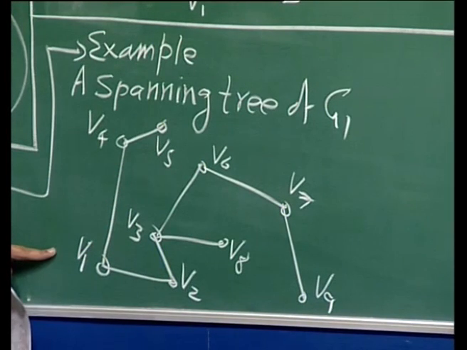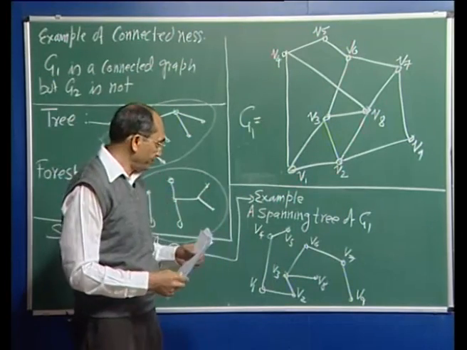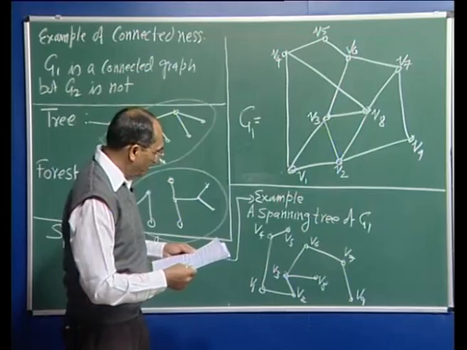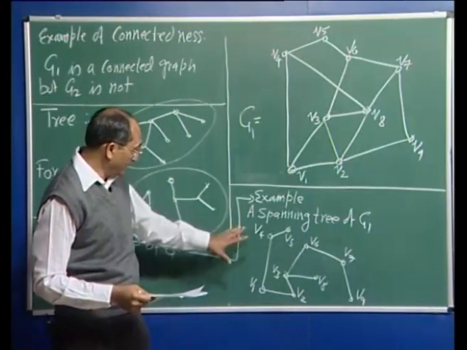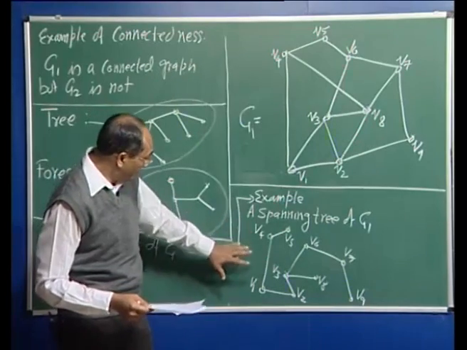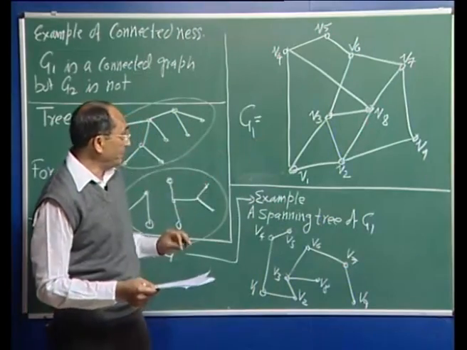This is one spanning tree of G1. Notice that it covers all the vertices of G1 and it is a tree and it is a subgraph, which means it does not use any edge which is not present in G1.